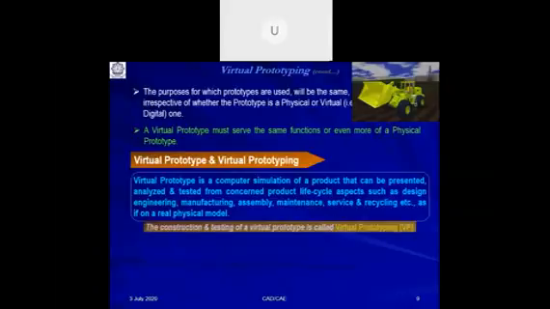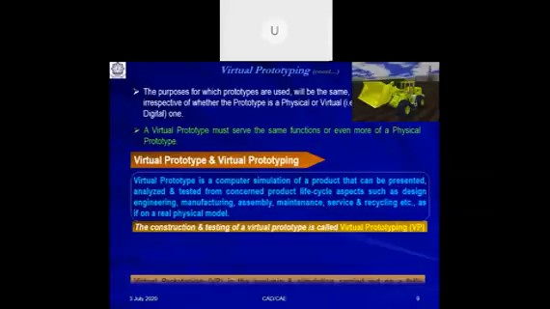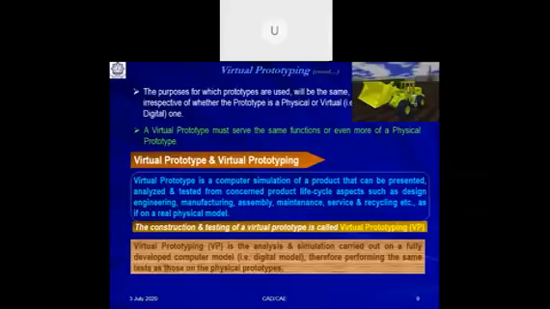In other words, the construction and testing of a virtual prototype is called virtual prototyping. Virtual prototyping is the analysis and simulation carried out on a fully developed computer model or digital model, therefore performing the same tests as on the physical prototype.